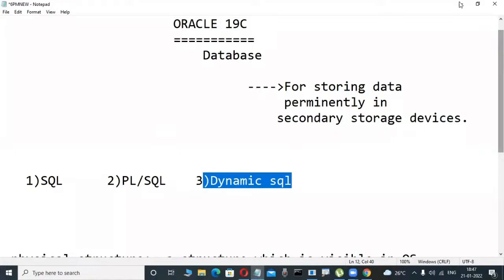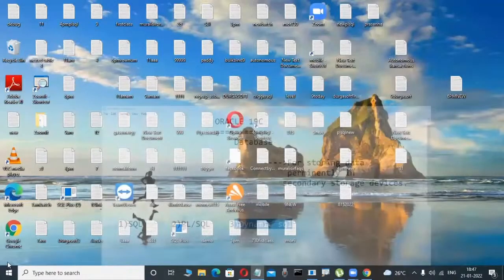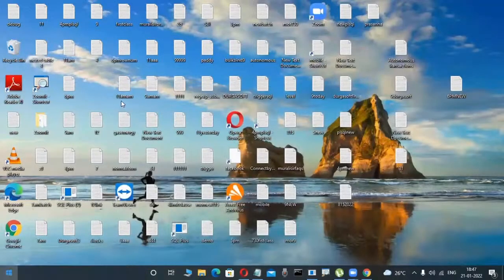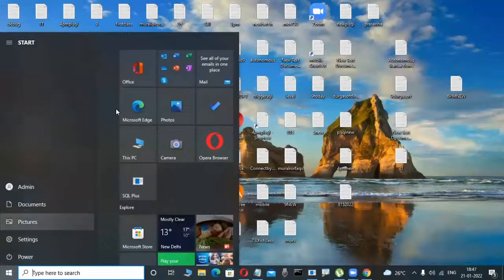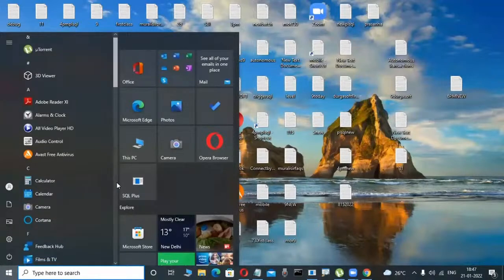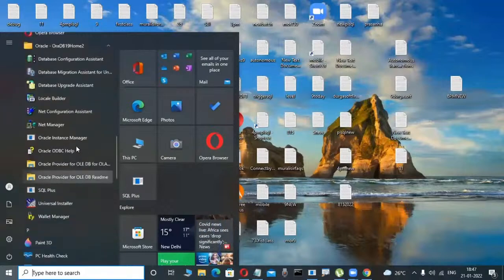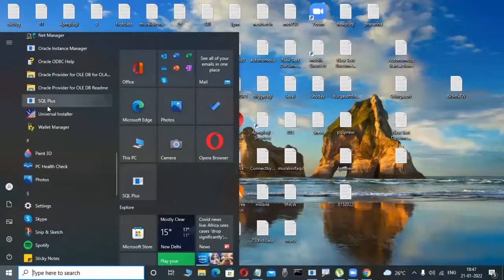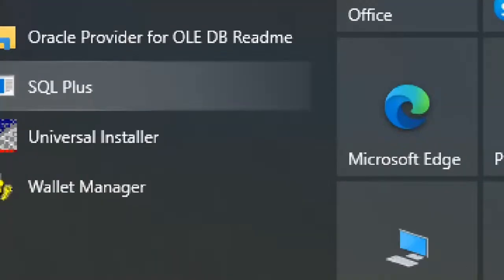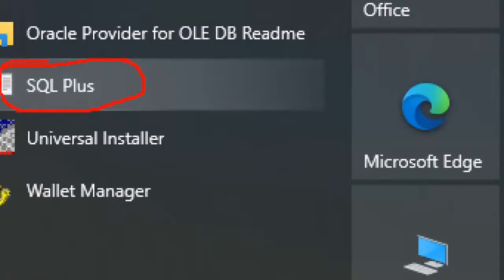Whenever I install the Oracle software, the tool is automatically available. Daily through this tool we interact with the server, that is, the Oracle database.